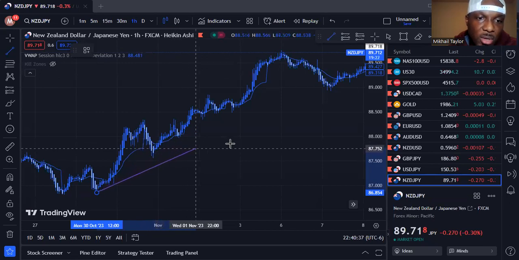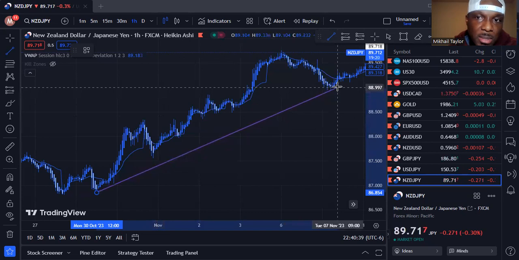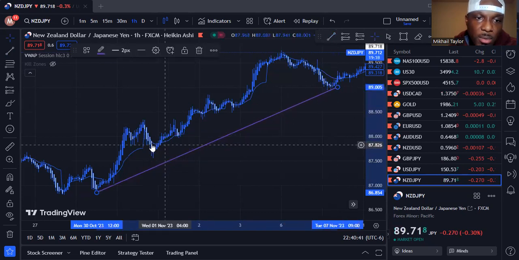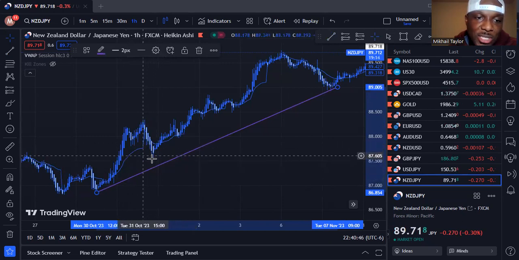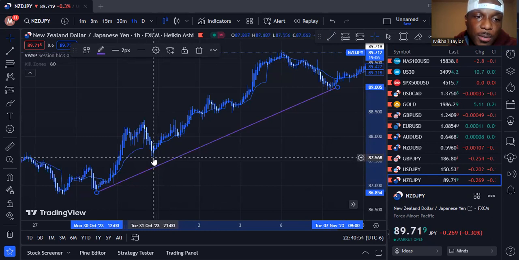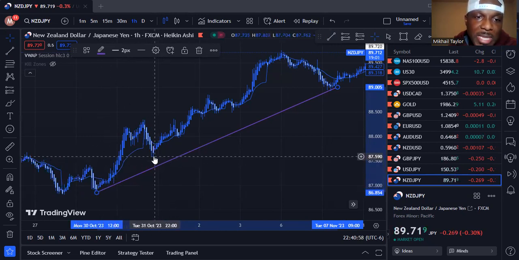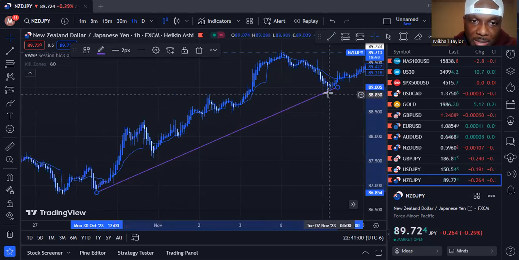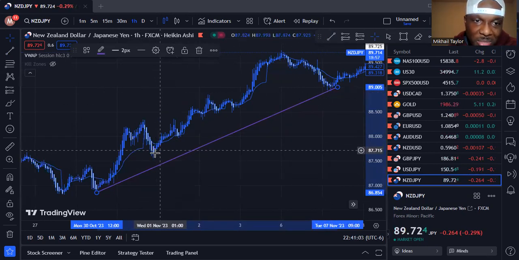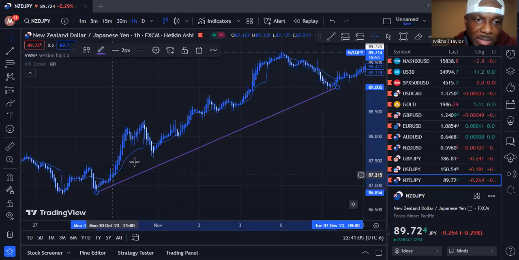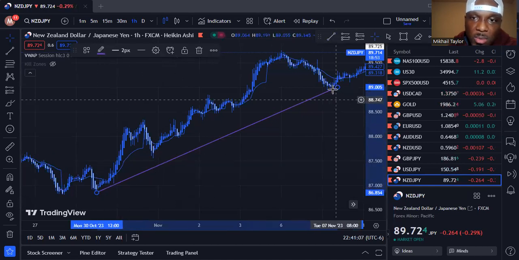You don't want to do something like this, where the trend line didn't touch the wick at all of the second low here. So you have this low and this higher low.